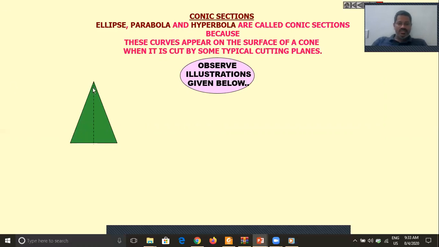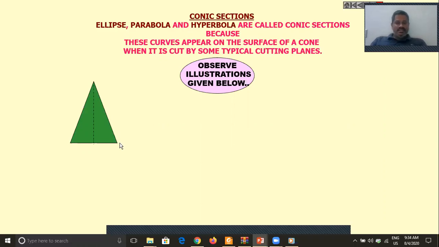Assume one cone here. A cone has an axis and a base, and it also has generators, which are the slant lines. As of now, try to understand that the slant lines are the generators.